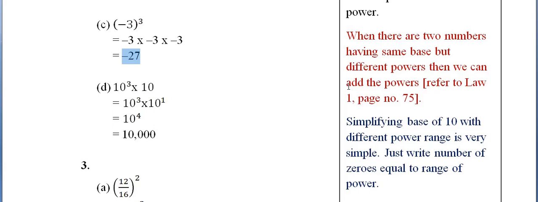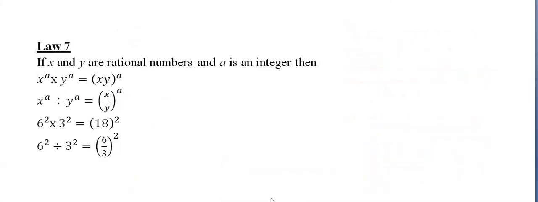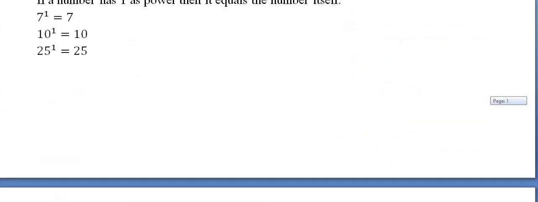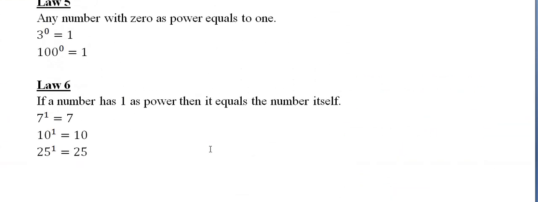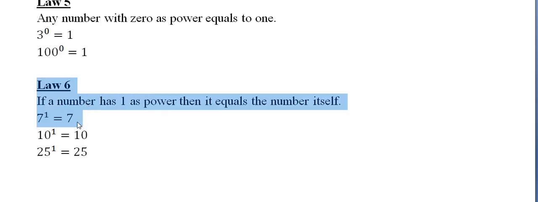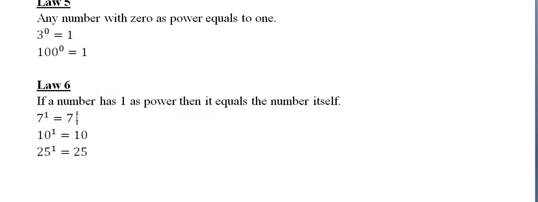You can see that it is written as 10 to the power 3 into 10. We all know this law 6: when a number is given alone, it means that the number has 1 as its power.